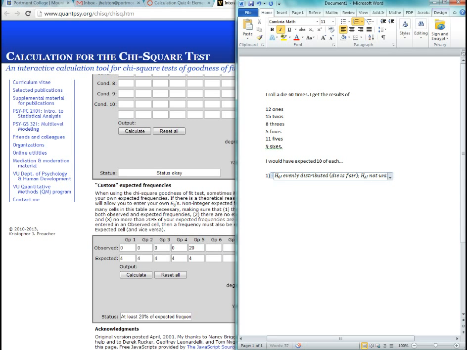And of course, if they were not uniform, that would indicate somehow that the die is biased. It's not fair.